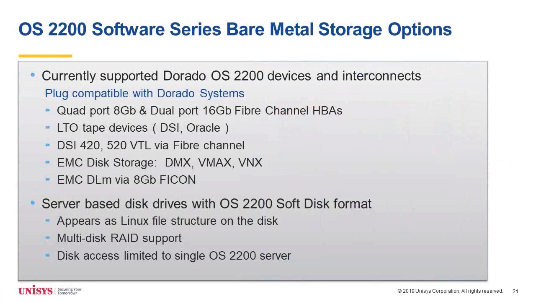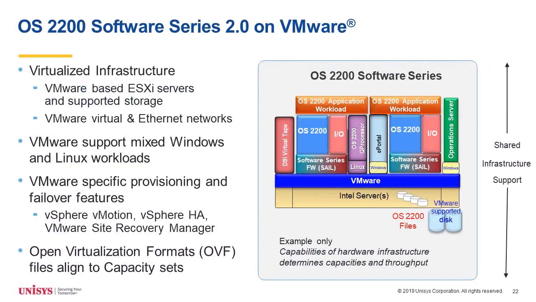You can build this disk using a RAID environment, so you get some additional resiliency there. But since it is internal to the bare metal server, its disk access is limited to that OS 2200 server. But again, it could be a very good solution for a developer studio implementation.